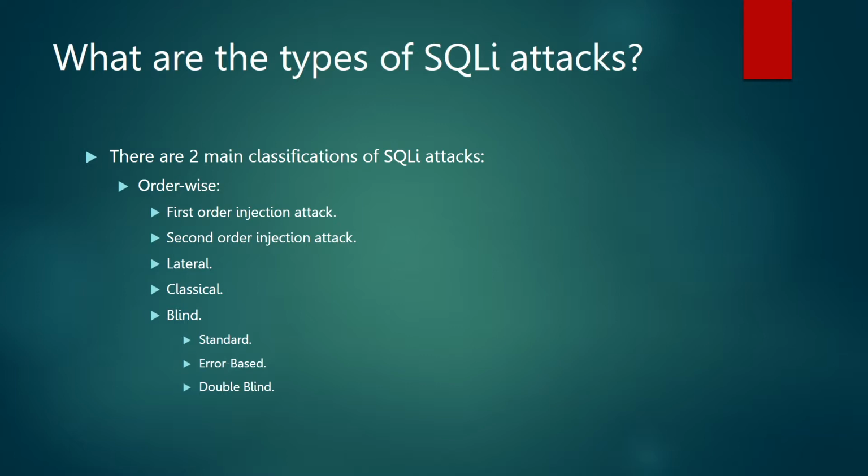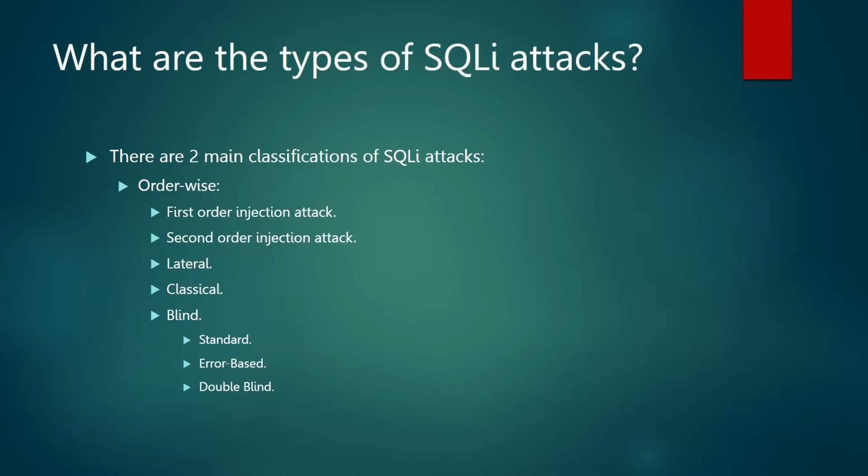In this attack, the malicious actor receives the desired result right away, either by a direct response from the web application they're interacting with, or through other response mechanisms, like email, etc.